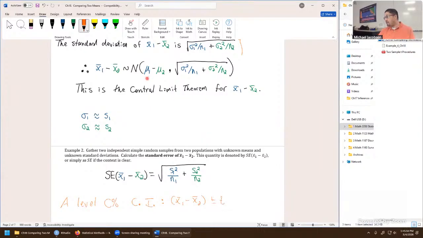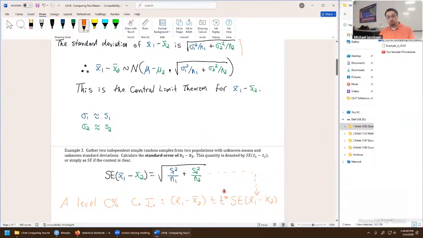We add and subtract a critical number, t star, and then multiply it by a standard error, SE of x bar 1 minus x bar 2. And that's just our new formula for the standard error. So this part right here plugs into that part there. So far, it looks pretty much exactly like what we did in chapter 17, but there's one small change.